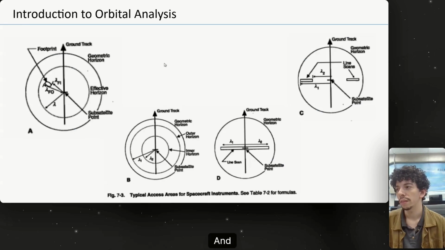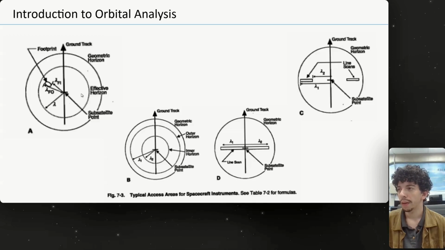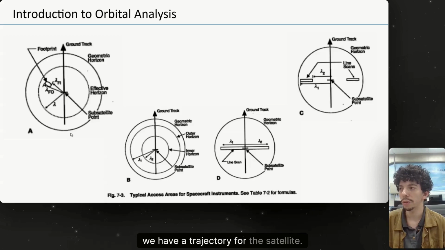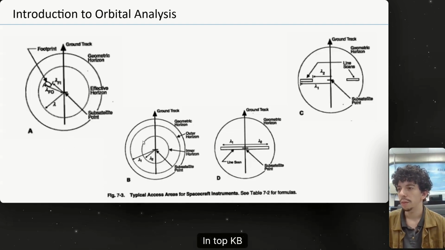Okay, and example 1, we have an axis for the coverage, and in these ellipses we have a footprint, okay, and in this line we have a trajectory for the satellite, for example.